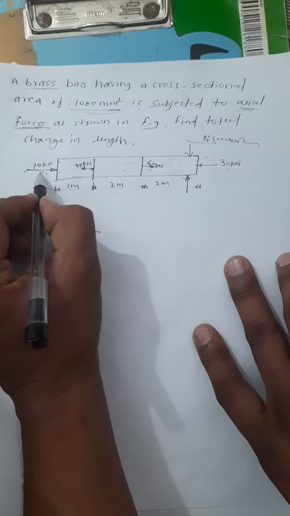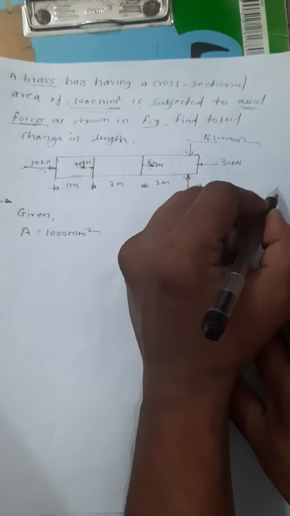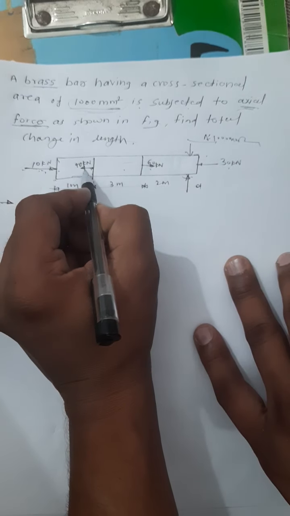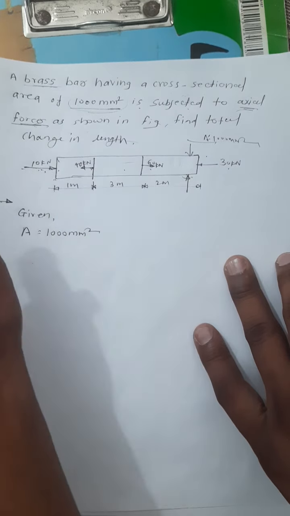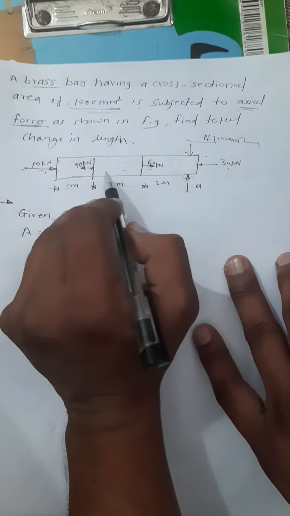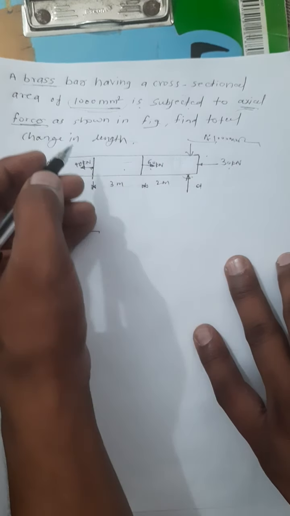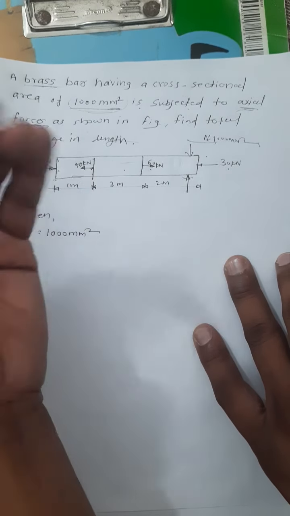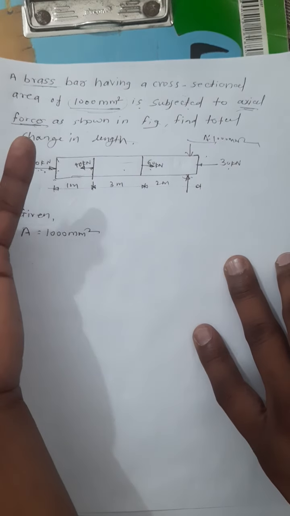The 10 kilonewton force is moving towards the right side, the 40 kilonewton force towards the left side. So the directions of the forces on the bar are different, and the bar is loaded by varying forces.